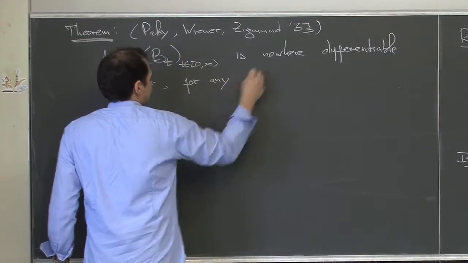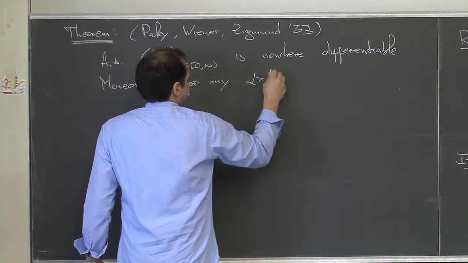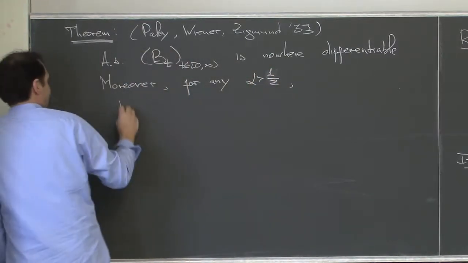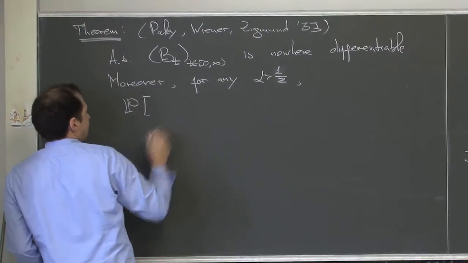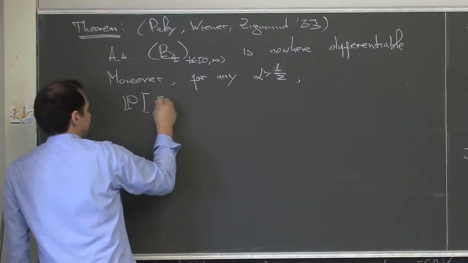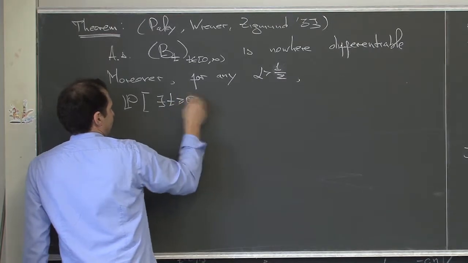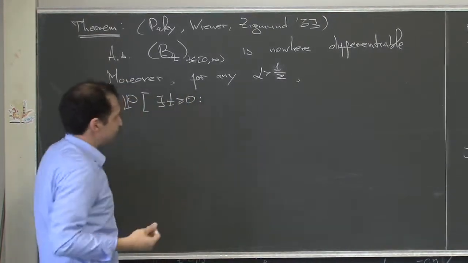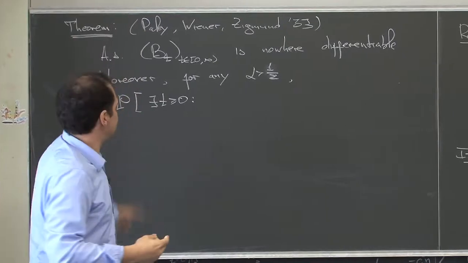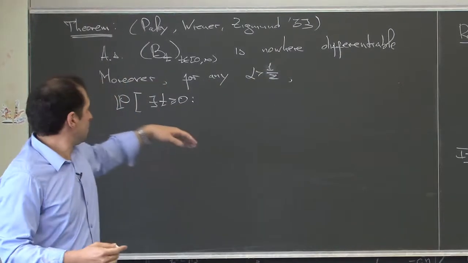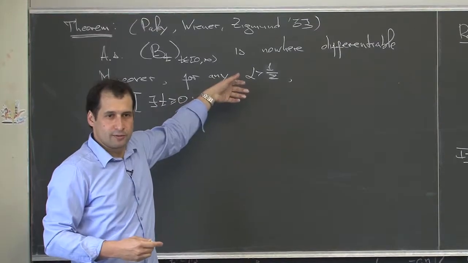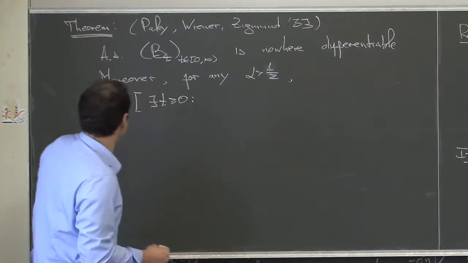Moreover, for any alpha greater than 1/2, the probability that... okay, it's better to say in words as usual. This is not only nowhere differentiable, it also has no alpha-Hölder points, provided alpha is greater than 1/2.